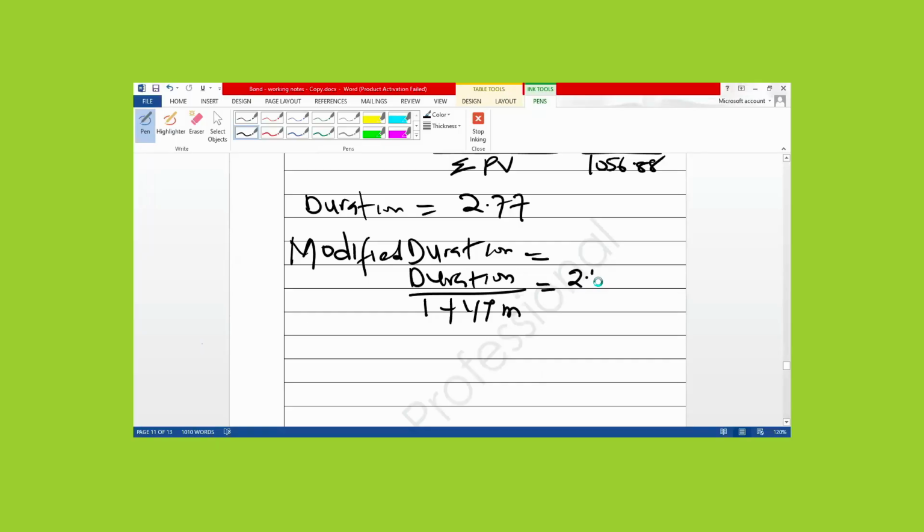Duration is 2.77 over 1 plus YTL, 0.0683. Our final answer, 2.59. That's your modified duration.